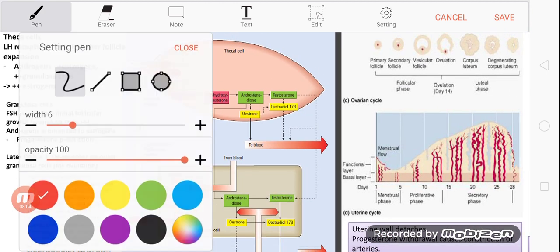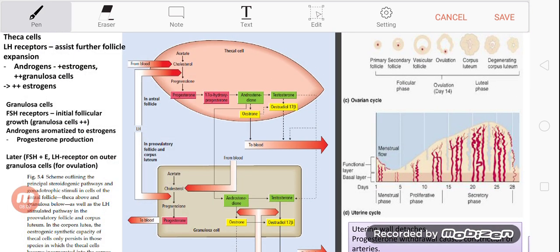In this pathway, theca cells convert the precursor, cholesterol, into androgens, especially androstenedione. This androstenedione is a precursor for estrogen secretion. The theca cell passes the androstenedione to granulosa cells, so granulosa cells continue the process of making estrogen.